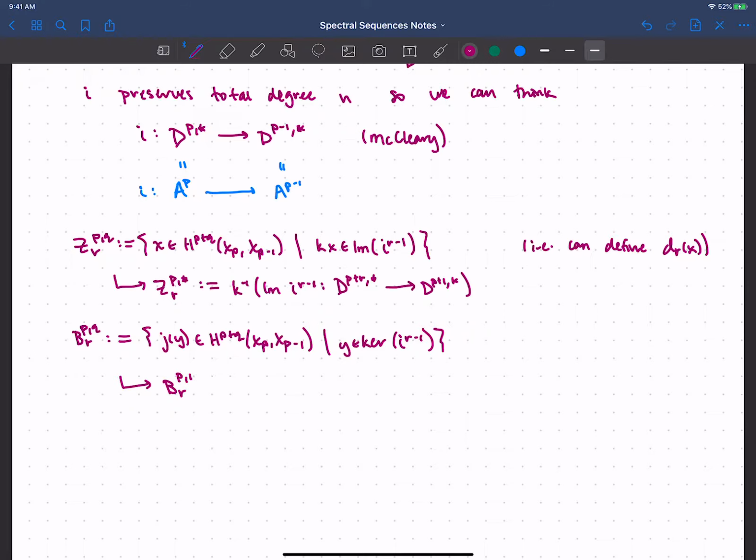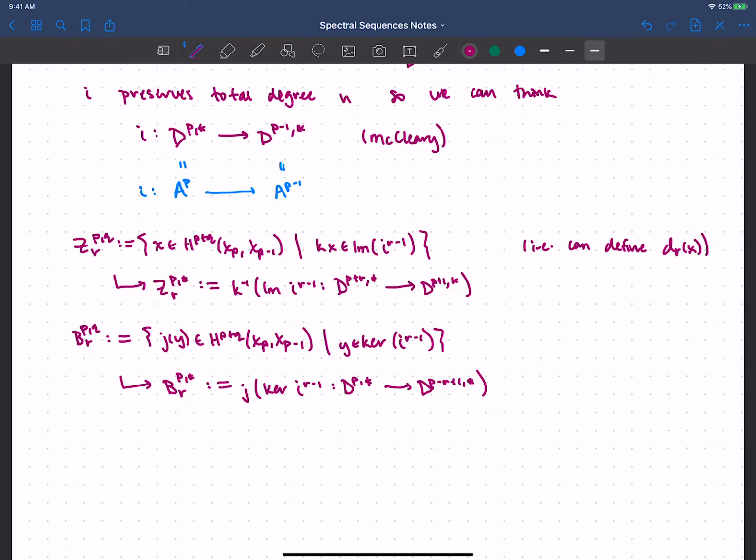Well, again, I want to be kind of lazy about the second term because it turns out I don't really need it to talk about convergence. So I'll just take them all together. So B_r^{p,*}. And we'll just take this to be j applied to things that are in the kernel of i^{r-1}. Okay, and just to get our indices precise, that goes from D^{p,*} to D^{p-r+1,*}.